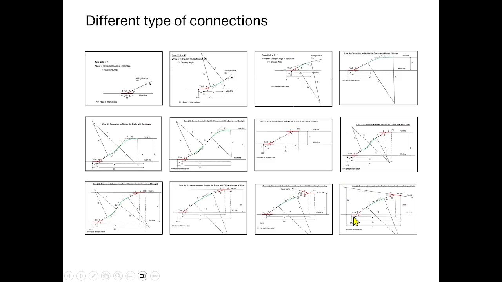There will be non-parallel lines also. In that case, how can the crossover be introduced, with a different angle of crossing or the same angle of crossing? So these are the different types of connections we are going to see. And we'll also see slightly about curved lines: connections between curved lines and crossovers between curved lines. We'll see each type of connection one by one.